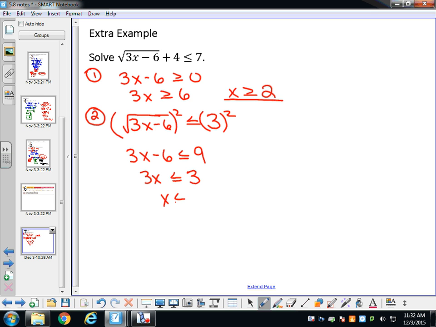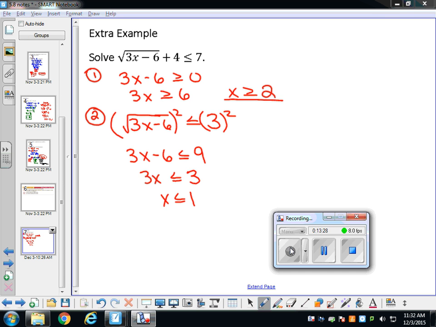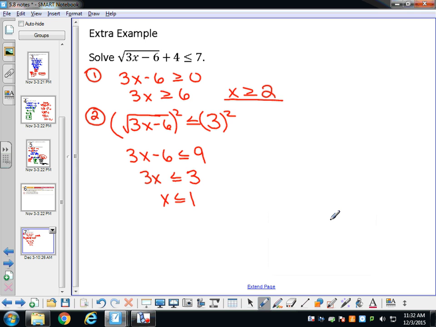So x is less than or equal to 1. Excuse me, I added 6 incorrectly. I should have that 3x is less than or equal to 15. X is less than or equal to 5.